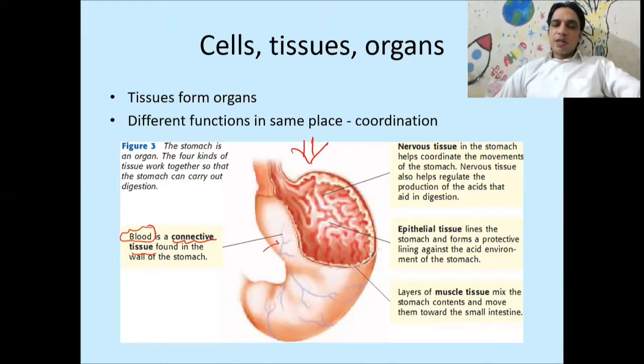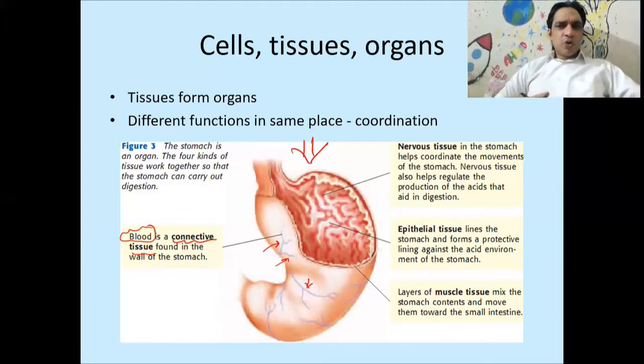Can you see these small veins or small capillaries and arteries here? Blood is circulating in the stomach, and blood belongs to the tissue called connective tissue.